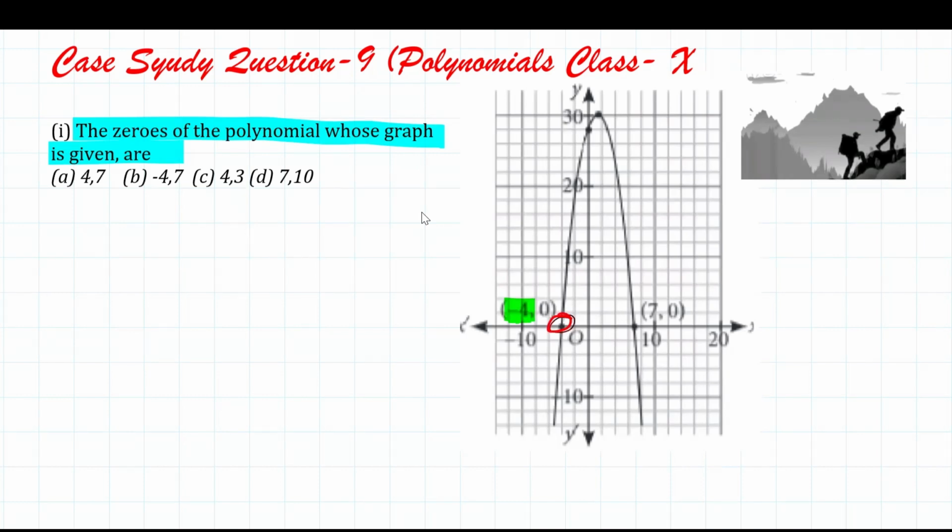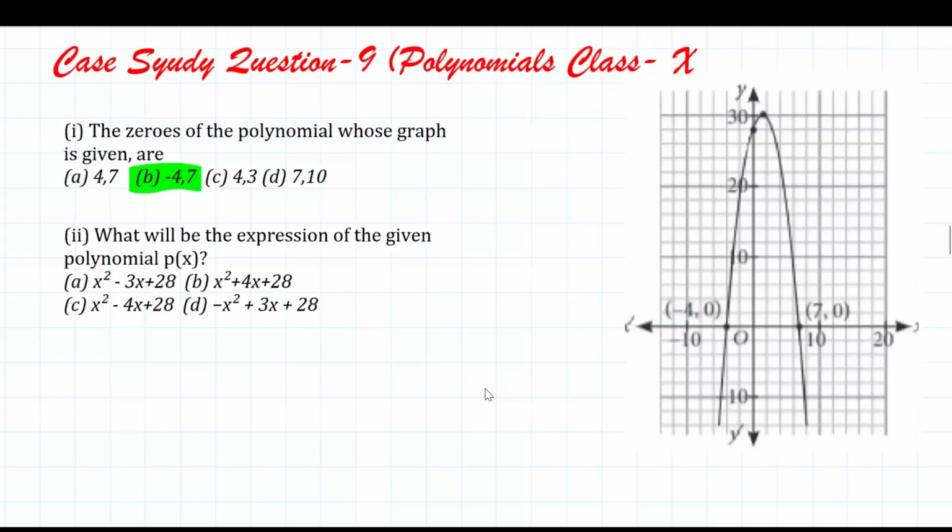So we can see that the graph is touching the x-axis at 2 points, that is minus 4, 0, and the other is 7, 0. And the x coordinates are what? Minus 4 and 7. So minus 4 and 7, that is option B, is correct in this case.